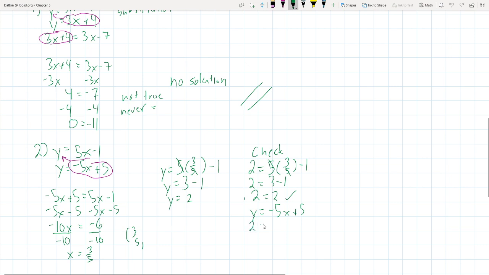So we get 2 equals negative 5 times 3 over 5 plus 5. The 5s cancel out, but it doesn't get rid of the negative, so I get 2 equals negative 3 plus 5. So 2 equals 2. That checks out. That's your answer for number 2.